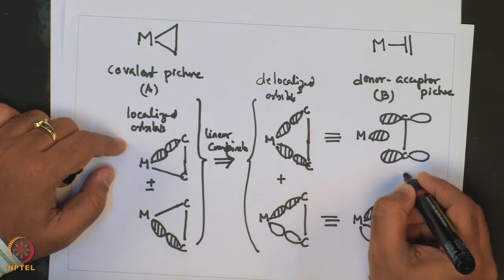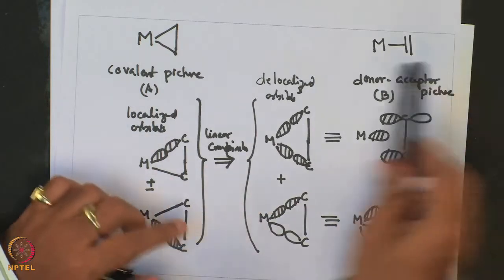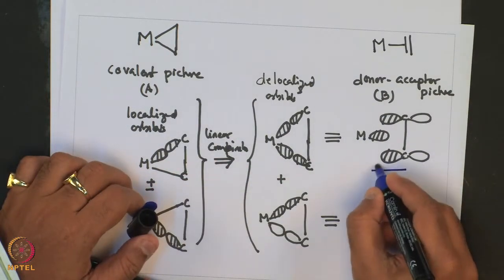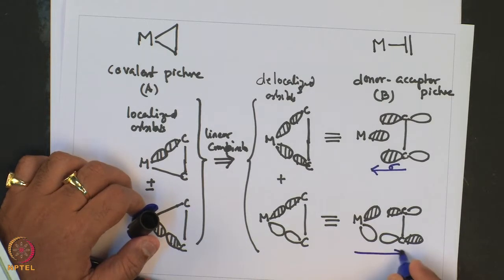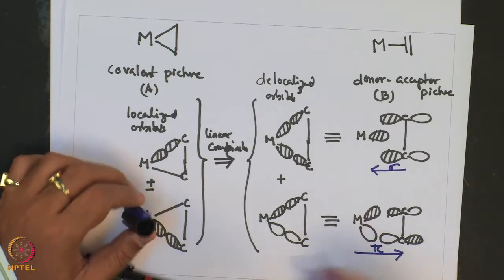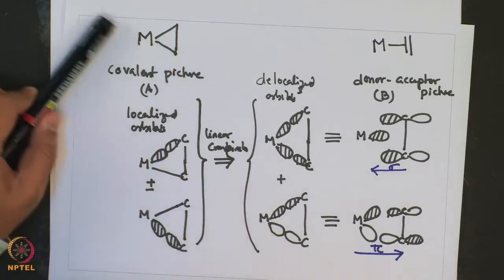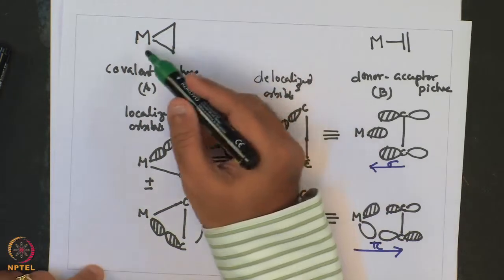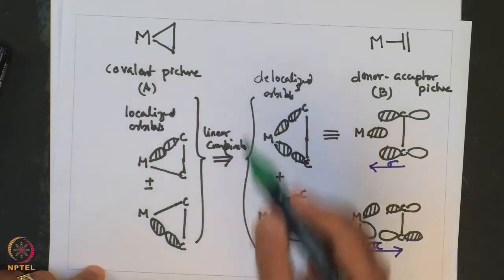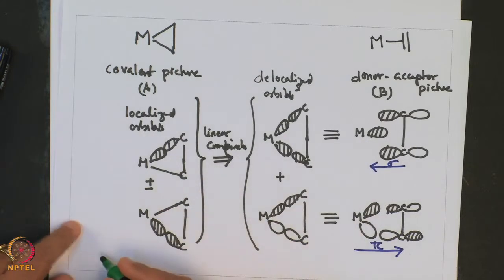In this case, one is designated as the sigma interaction and the other as the pi interaction. Now, the left hand side, where there is a cyclopropane ring, is called the metallocyclopropane description.